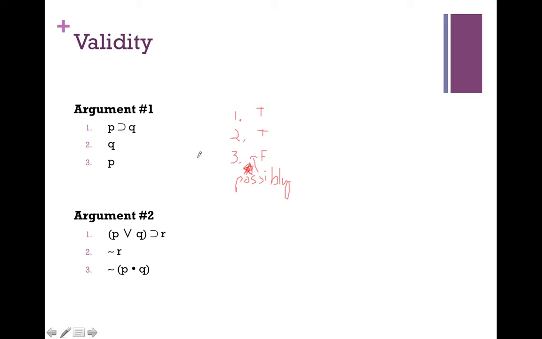Now, it's fairly easy to do when we're dealing with simple syllogisms like this. In fact, as you should hopefully remember, this right here is a very well-known fallacy, the fallacy of affirming the consequent. We learned this. But what do we do when we have more complex arguments like the one right here? It becomes extremely hard to determine whether or not this is valid or invalid just using our intuitions.